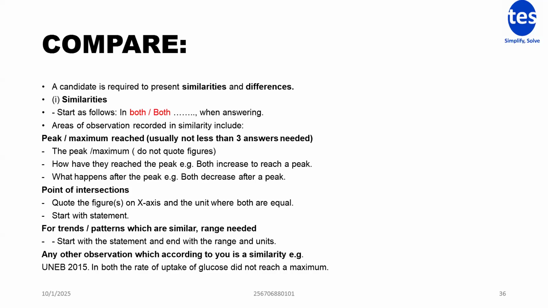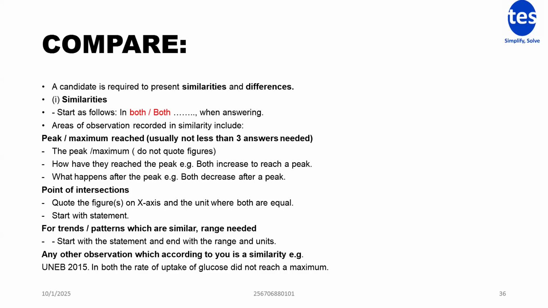Then the second one is point of intersection on a graph. Here you quote the figures on the x-axis and the unit where both are equal. For example, don't simply say that they both have the concentration being equal, that doesn't work like that.